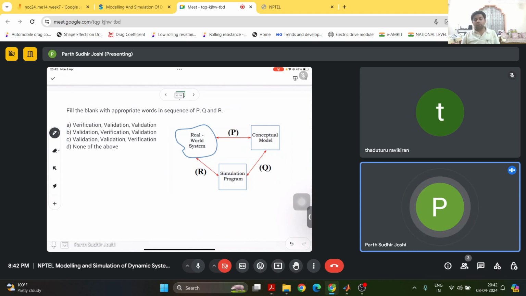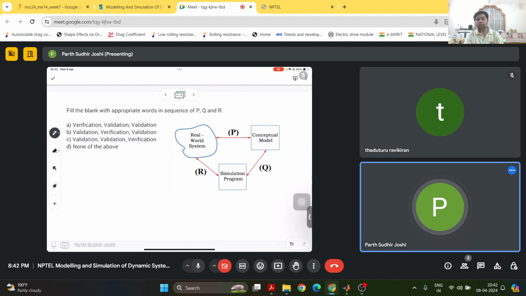There is a sequence given here for modeling. There is a real world system, a conceptual model, and a simulation program. What do we call the step between the conceptual model and the real world system?